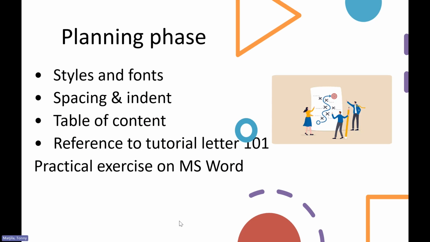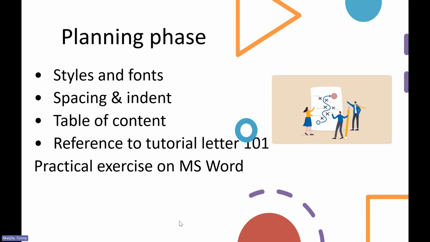Now, on the planning phase, I think it's important that you understand the styles and the fonts, because one of the requirements in your tutorial letters, they will tell you the requirements, that we want this font, the style, and so forth, as well as the spacing and the indent.